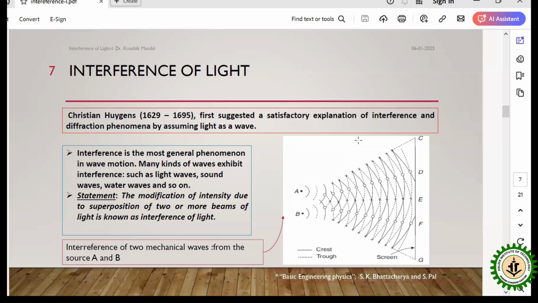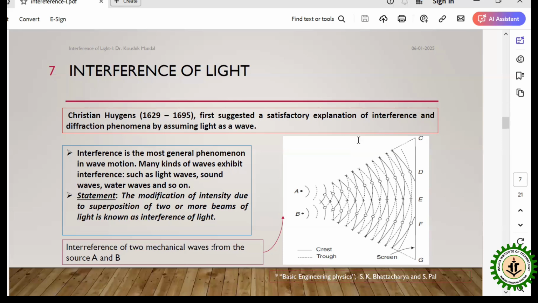What is the interference pattern? On the screen you can see some bright fringes and some dark fringes. That means some spots are dark and some are bright. This is due to the interference of light coming from the sources A and B.